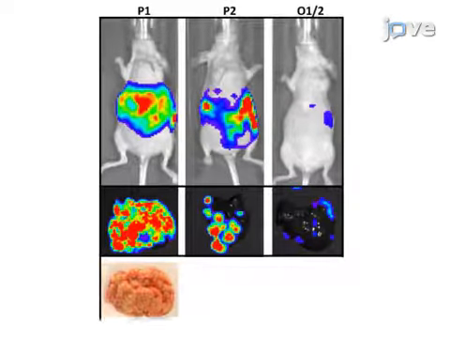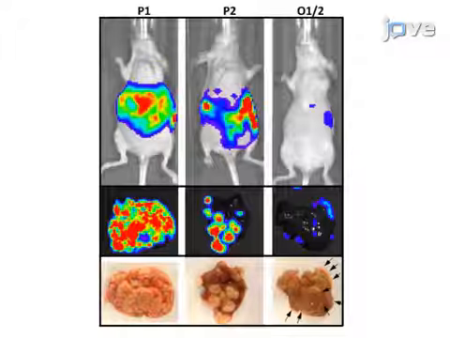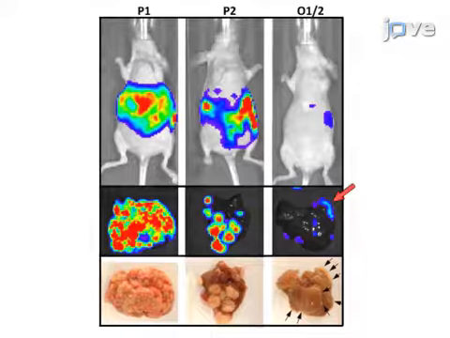Fluorescent labeling of tumor clones identified the number and sizes of individual metastatic colonies in the liver. Overall, ex vivo fluorescent images were consistent with macroscopic findings, but small colonies hidden under the surface were better detected by fluorescent imaging.